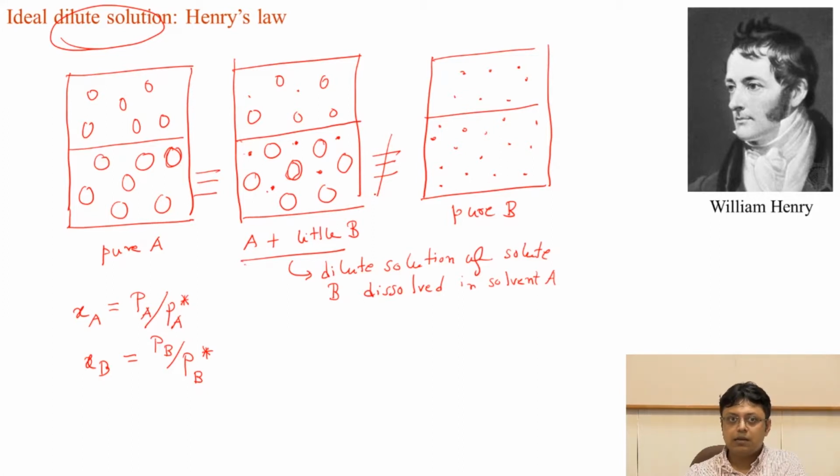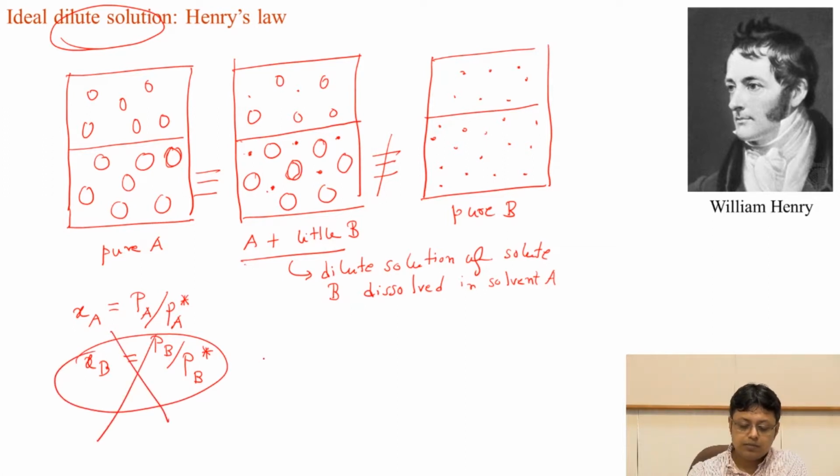So Henry said that for the solute you cannot use this approximation, since you cannot approximate the ideal case as PB star.